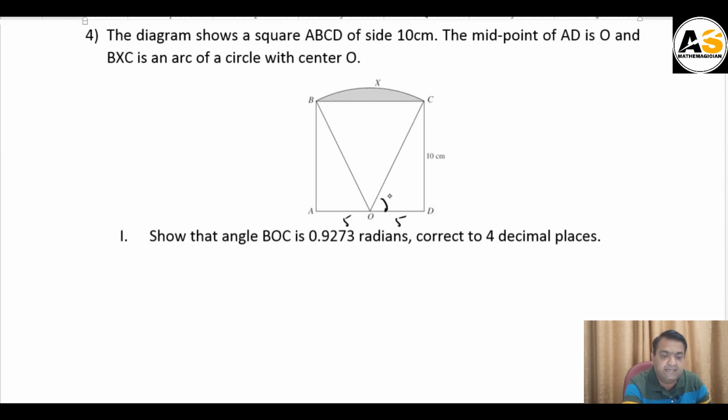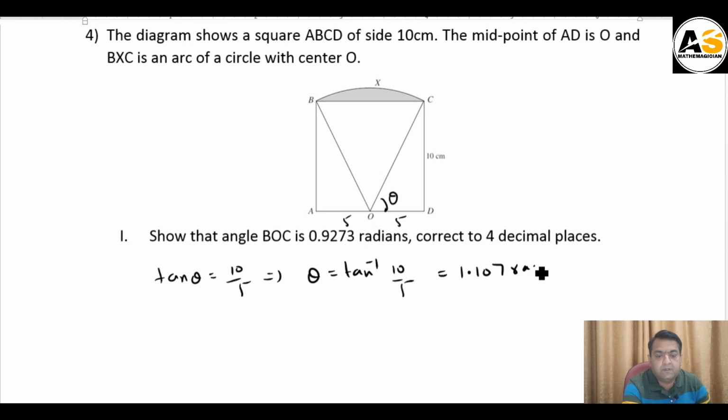Let this angle be theta. So what is tangent theta? Tangent theta is equal to 10 by 5, implies theta is equal to tangent inverse 10 by 5, and tangent inverse 10 by 5 is equal to 1.107 radian.